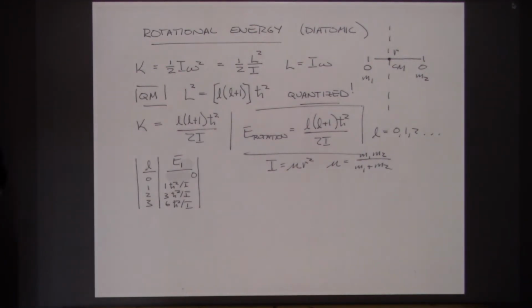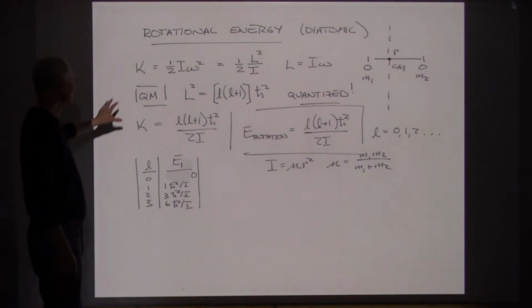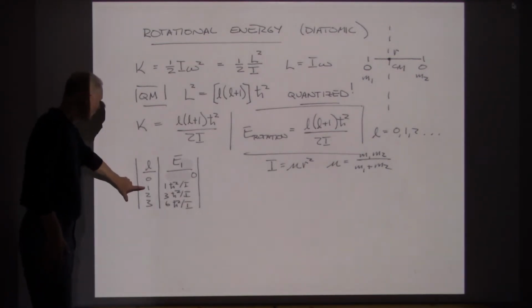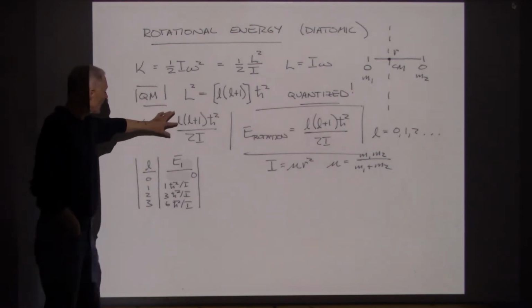So quantum mechanics predicts that you don't have to have any amount of rotational energy. You can have none. Now that's not always the case in quantum mechanics. Sometimes quantum mechanics tells us that you have to have a certain amount of kinetic energy, but for rotation that's not the case. When I move into state number 1, I put those values in.